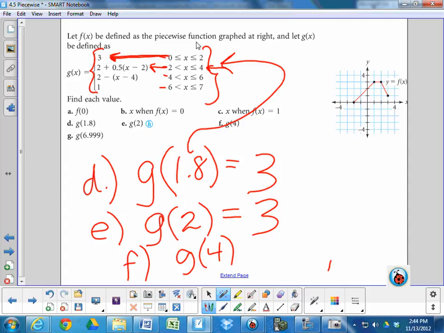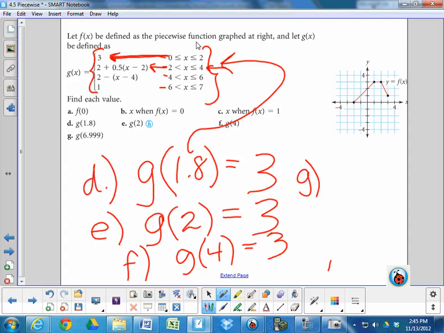Instead, you have to take 4 and plug it in and see what you get. So you do 4 minus 2, 2, half of 2, 1, 2 plus 1, 3. So even though you've been there for 4 hours, you only owe $3. It's a special deal.